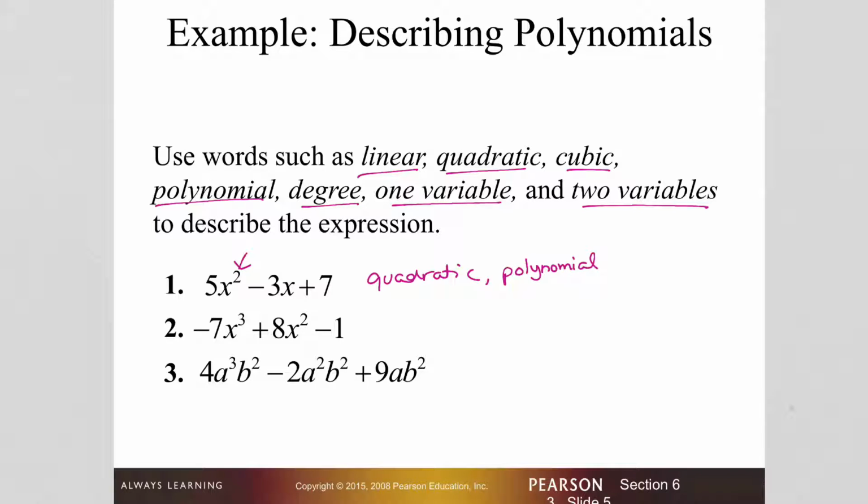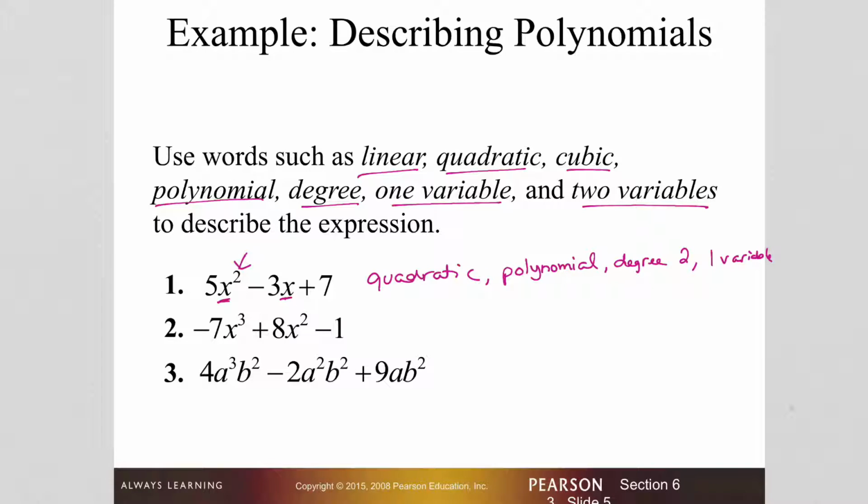To be more specific, polynomial is just fine though. It has a degree of 2, and it has one variable. Now notice that that one variable shows up twice, but it's still only x's. We don't have x's and y's, so one variable.